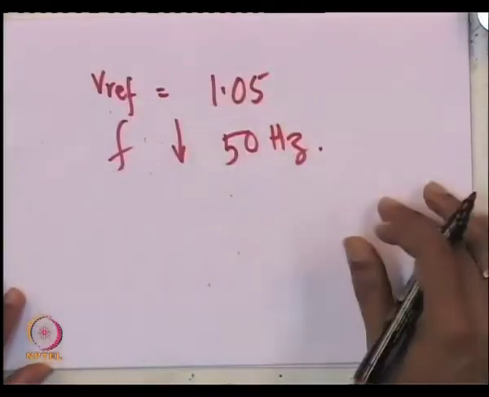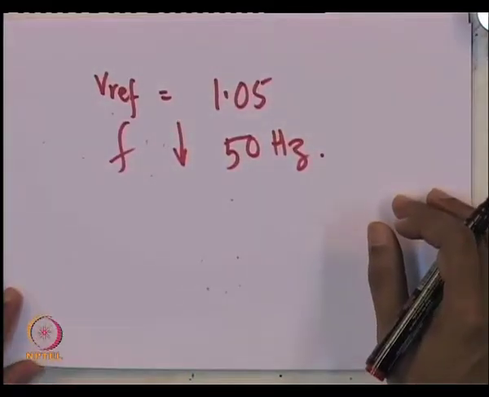So, in such a situation, you may require to have some overriding functions which prevent the flux in the machine from becoming too large. So, what you have to do is, if under such situations you see that the flux limit is being exceeded, override the regulator, in the sense that do not aim to achieve Vref equal to say 1.05, but reduce this Vref to a point at which the flux is not exceeding its rated value.